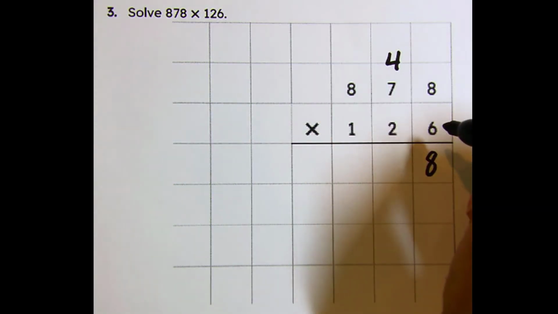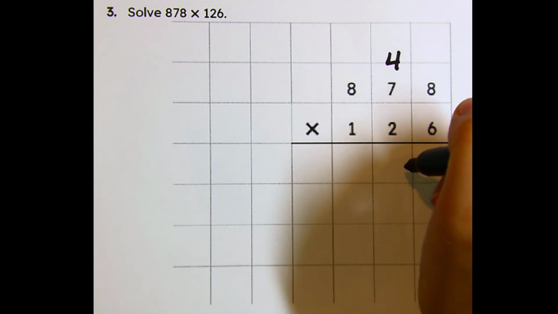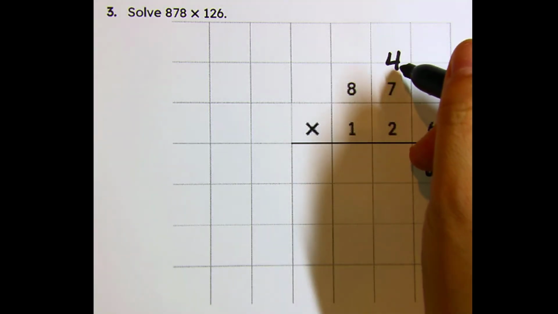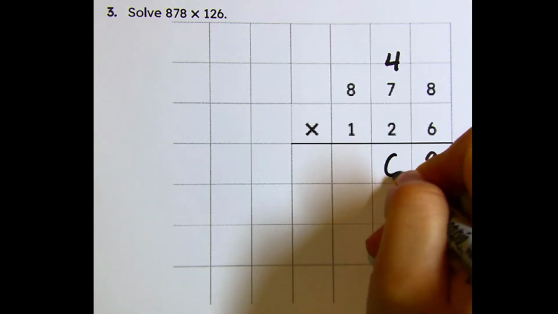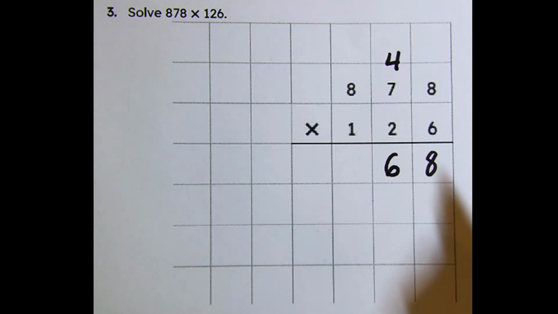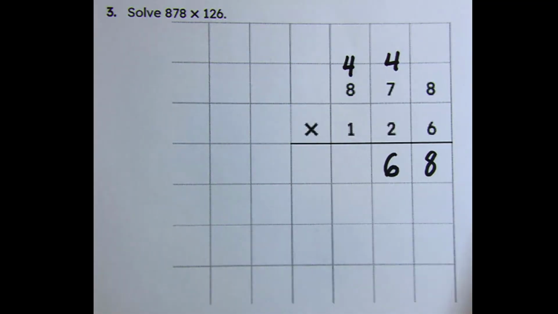Next I have ones times tens. Ones times tens will give me tens. 7 times 6 is 42 tens, plus the 4 tens I regrouped is 46 tens. So I have 6 tens, and then 40 tens would give me 4 hundreds.